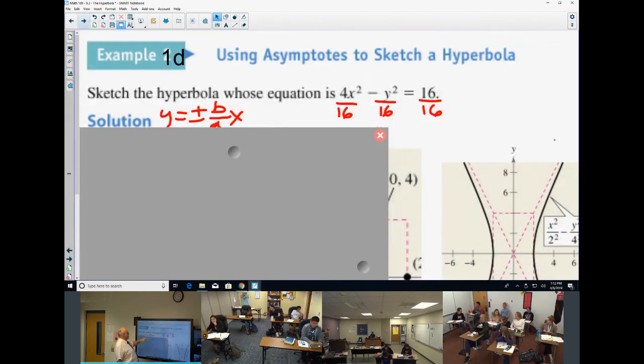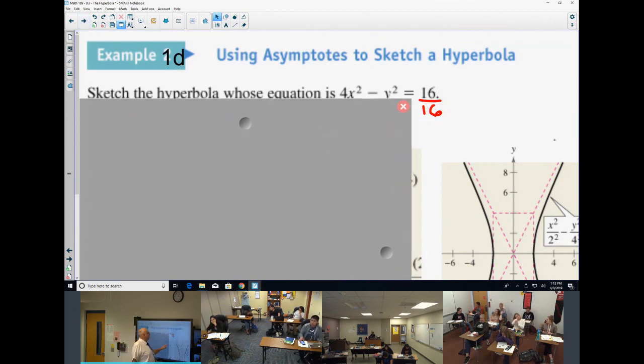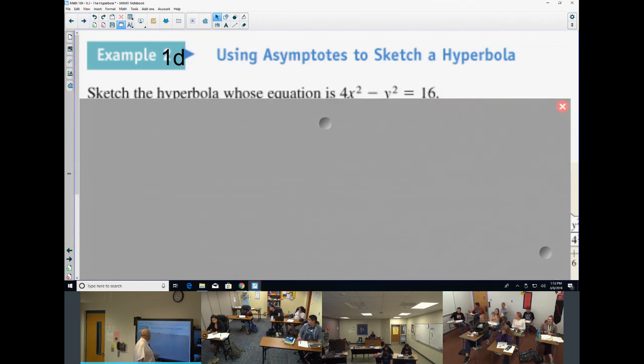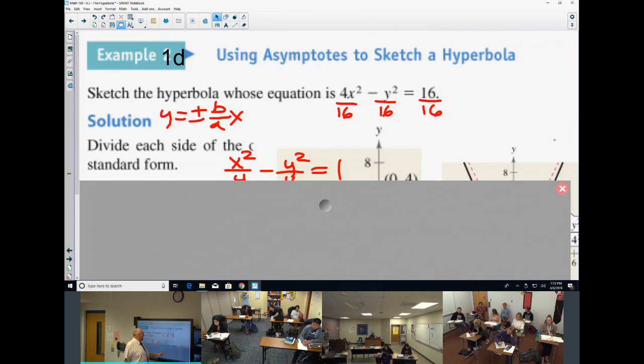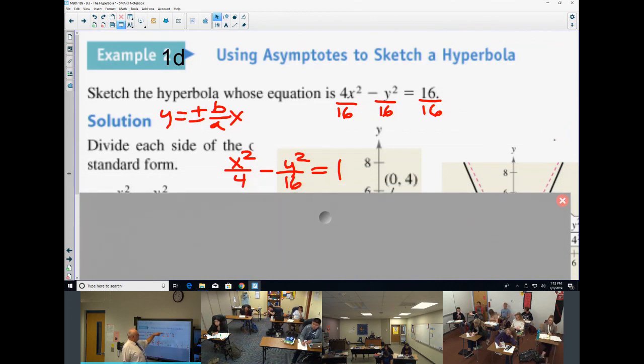So when we look at this one, why is this not in standard form? Well, because you don't have a 1 over here. You have to have a 1. The easiest fix is just divide everything by 16, because 16 divided by 16 is 1. In the meantime, the 4 will cancel with the 16, leaving you with x squared over 4 minus y squared over 16 equals 1. So that would be the standard form.